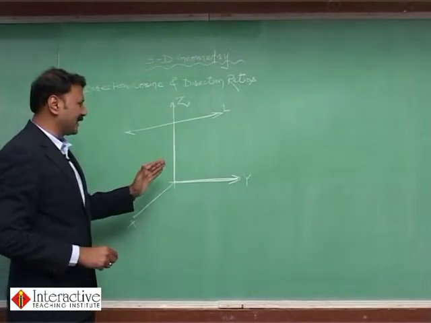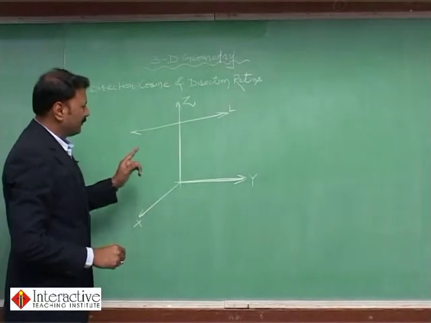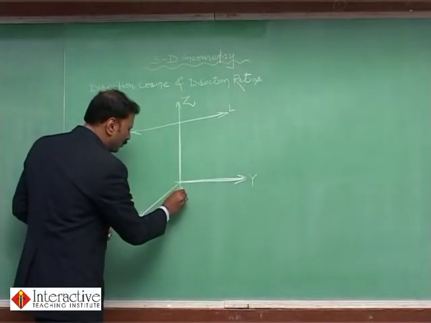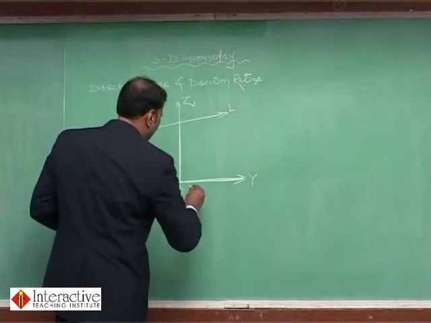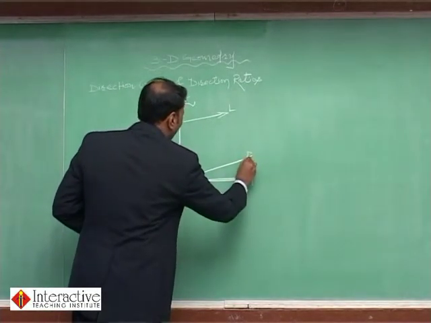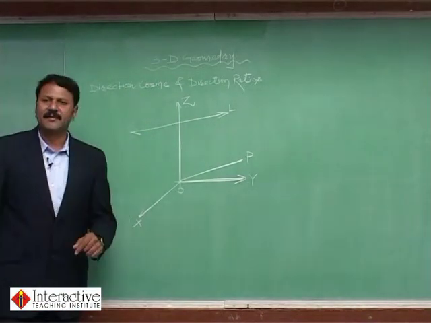To indicate these angles in this diagram, I have to draw one line parallel to line L, and that line will pass through origin. That's why I am drawing line OP as parallel to line L. So, OP and L are parallel.